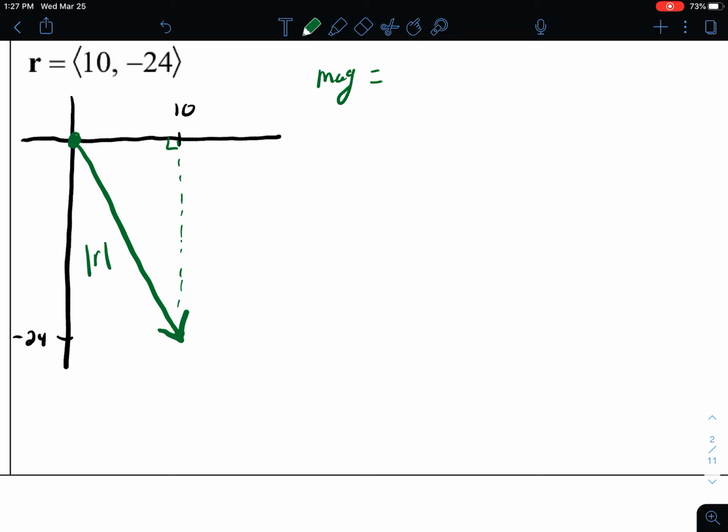The magnitude of r is the hypotenuse of that triangle, and you got sides of negative 24 and 10. So it'd be the square root of 10 squared plus negative 24 squared, and I get my magnitude, 26.